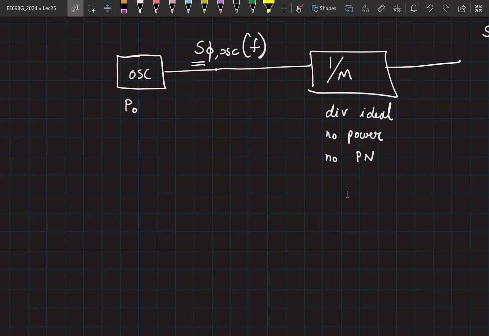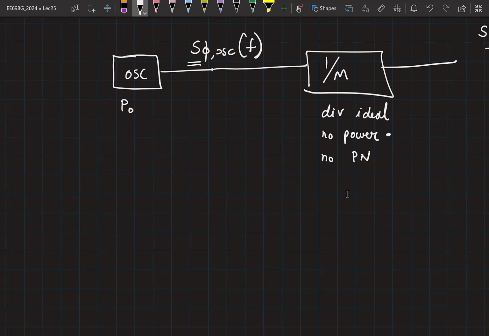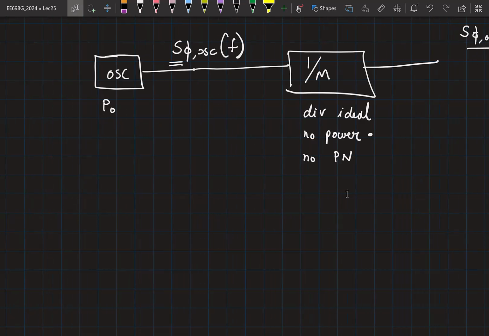I understand that this assumption is a little hard to think of, but let's start from here, then we will add the power of the divider afterwards. What we are trying to do is, if the divider is as ideal as we can get, do we see any improvement in the FOM? That is like the best possible FOM you can get at the output here. So that is what we are trying to calculate.